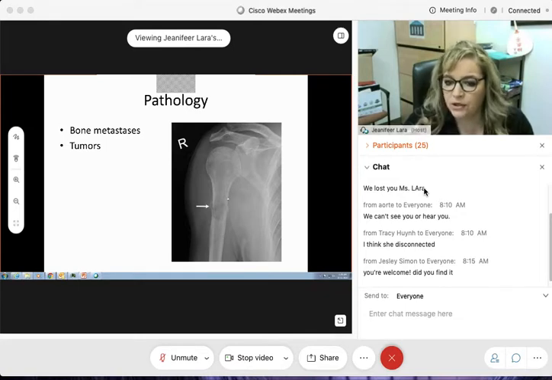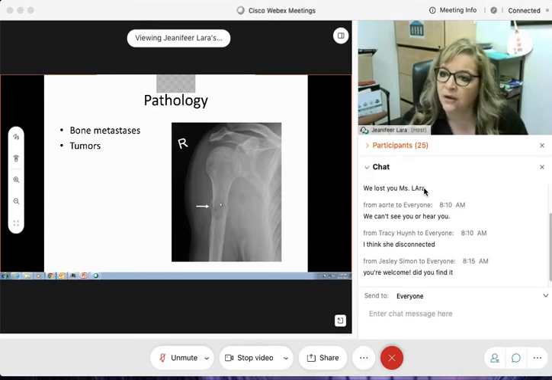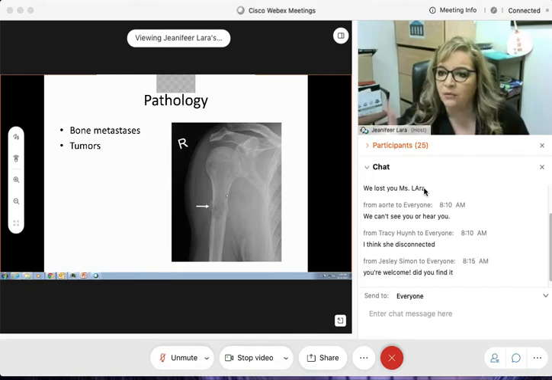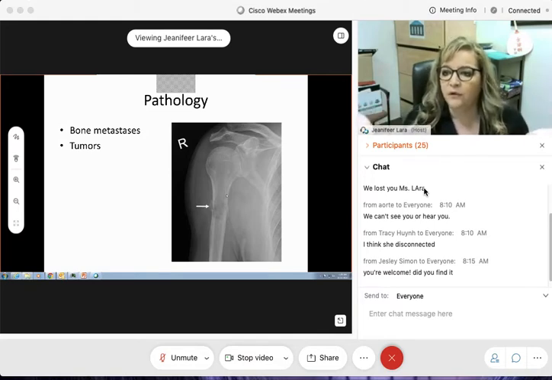Yes? Good. So depending on what this looks like, it appears to be a tumor of the bone because it's starting to break down the stability of the bone. It's not a fracture because it doesn't take the shape of an oblique, a transverse, a spiral, or a comminuted fracture.